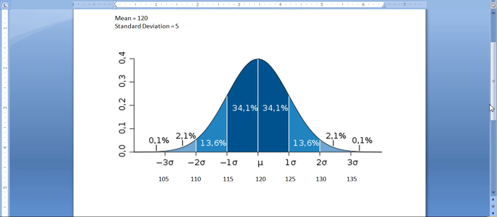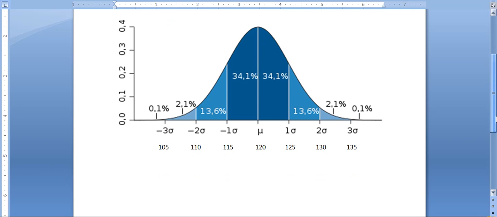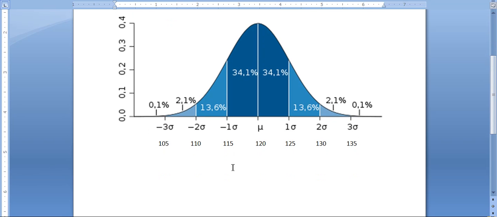So if we wanted to calculate area beyond values, either to the left of some values, to the right of certain values, or in between values, in this particular distribution with those parameters, we can use this empirical rule to do that.